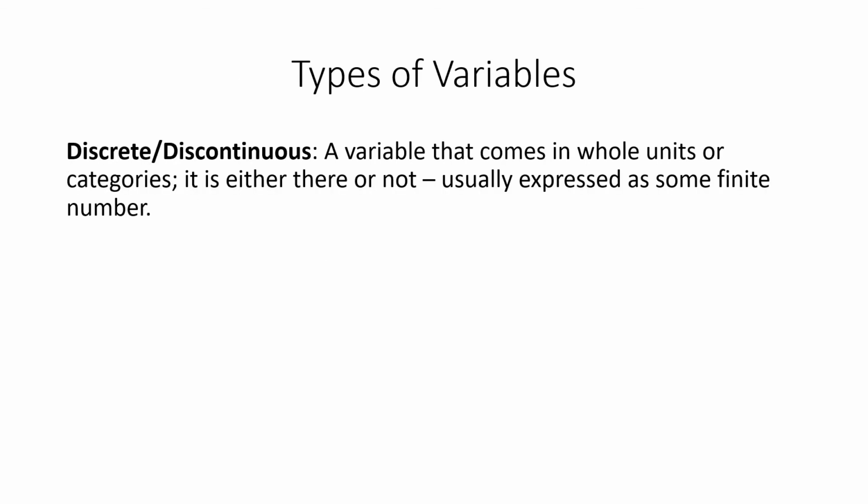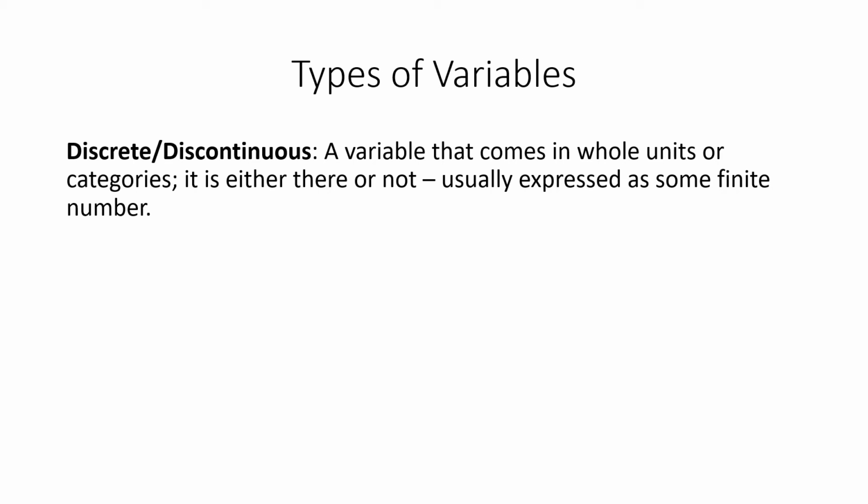Let's look at another distinction when we're talking about types of variables. Another distinction is the difference between continuous and discontinuous. Another way to mention discontinuous is discrete. When you're talking about the difference between discrete and continuous, you're talking about units, the unit of possible measure.